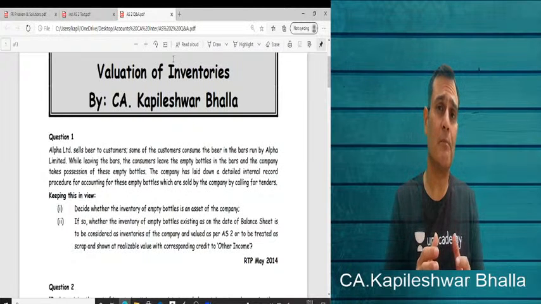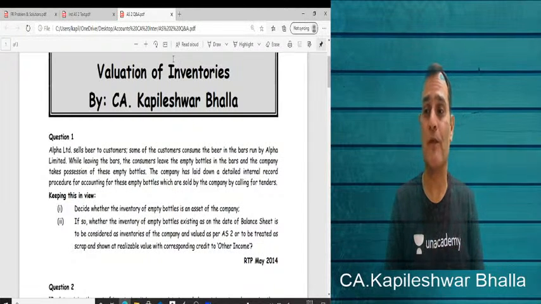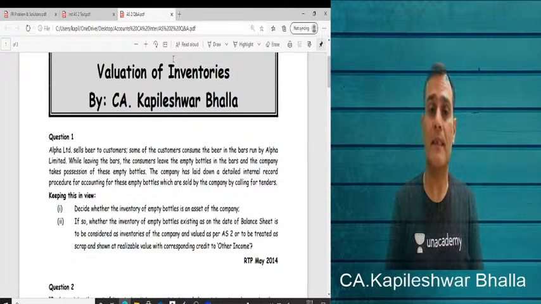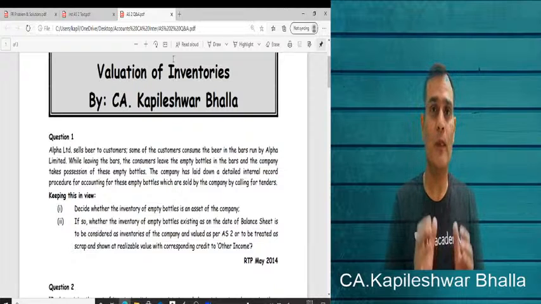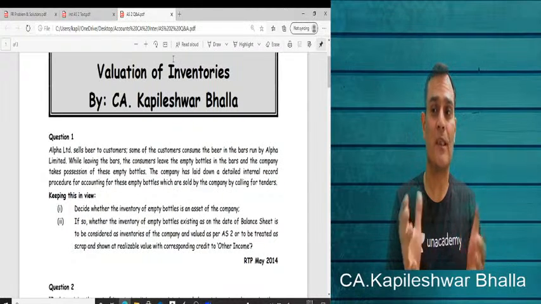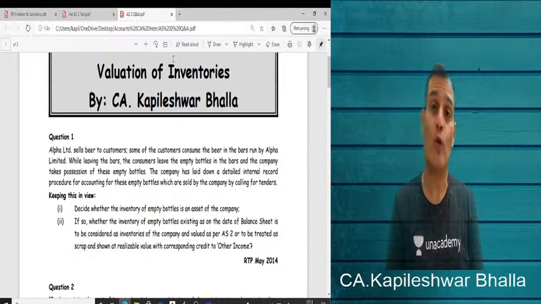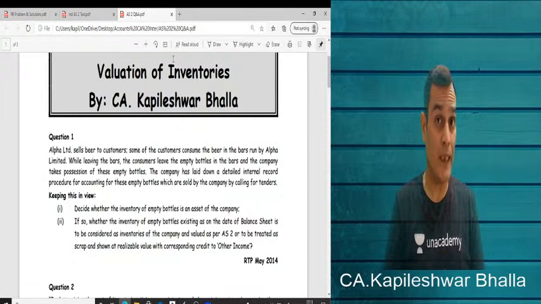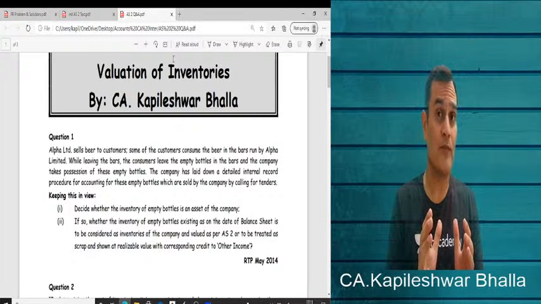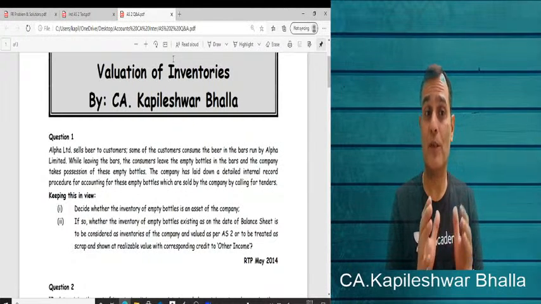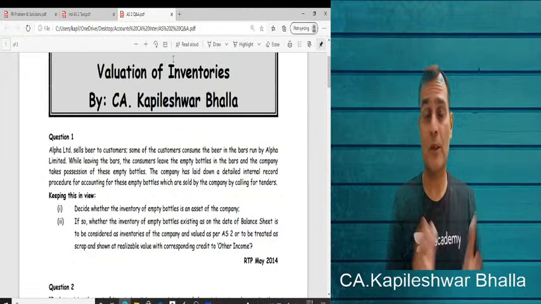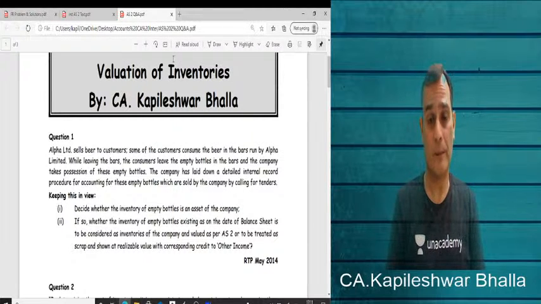But the moment the company takes physical possession of these bottles, one can certainly say that yes, you have now got the right to restrict others from use. You've got control over the bottle. So one of the parameters of an asset is getting met, that once you take it in possession, you are getting control over the bottle.